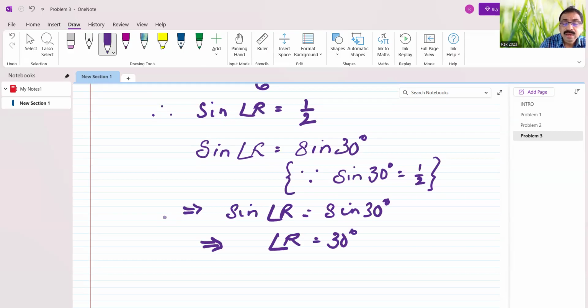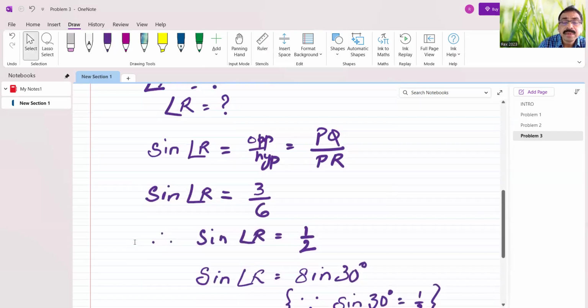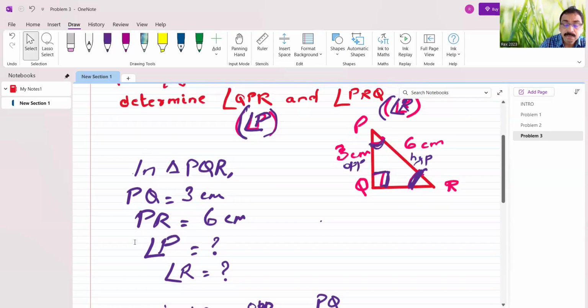Now, since R is equal to 30 degrees and angle Q is 90, 30 plus 90 is 120, and you know that the sum of angles in a triangle is 180.